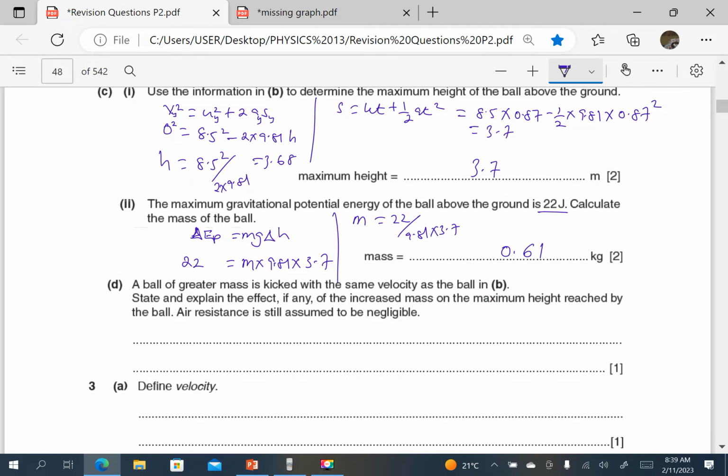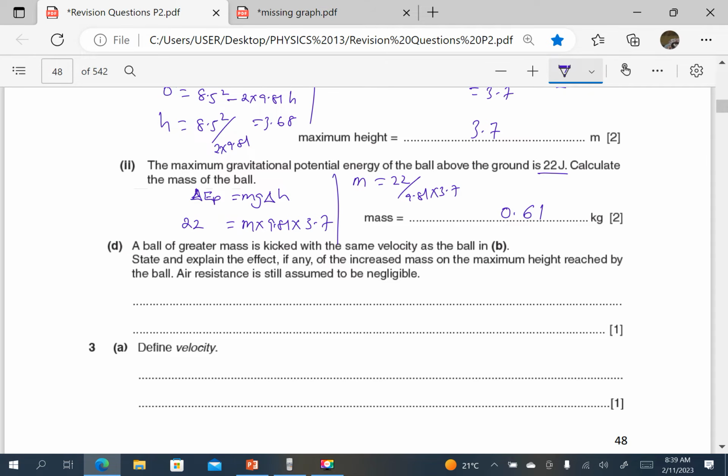A ball of greater mass is kicked with the same velocity as the ball in B. State and explain the effect, if any, of the increased mass on the maximum height reached by the ball. Air resistance is still assumed to be negligible.